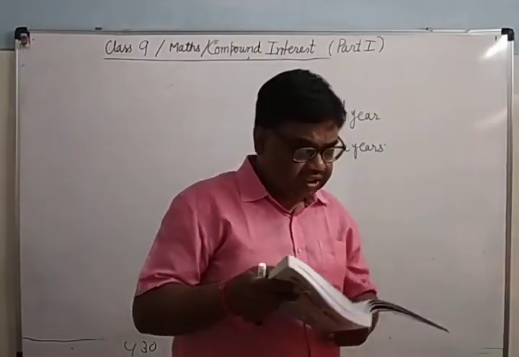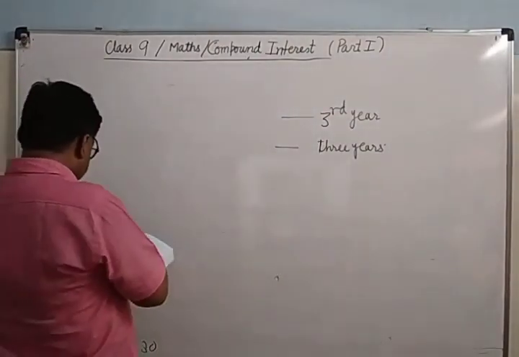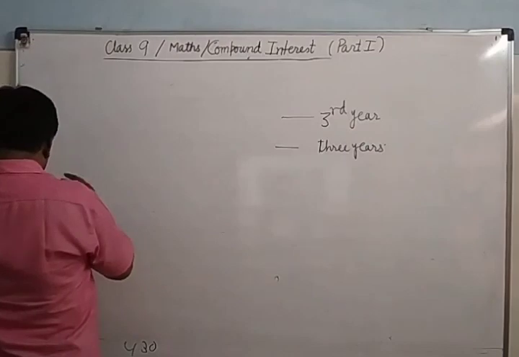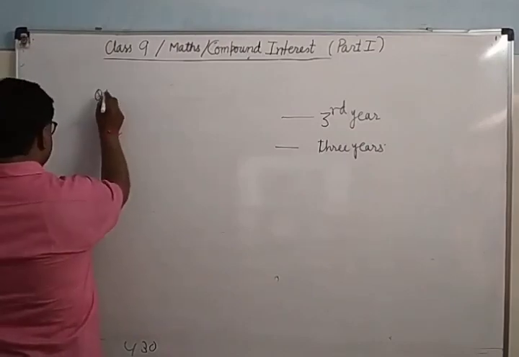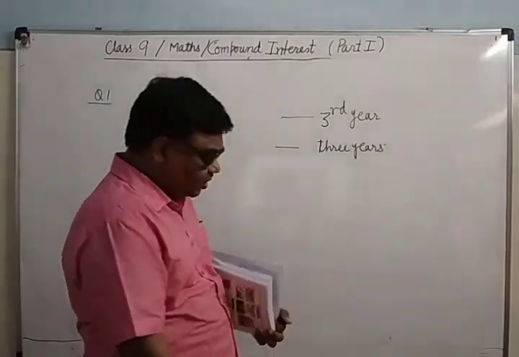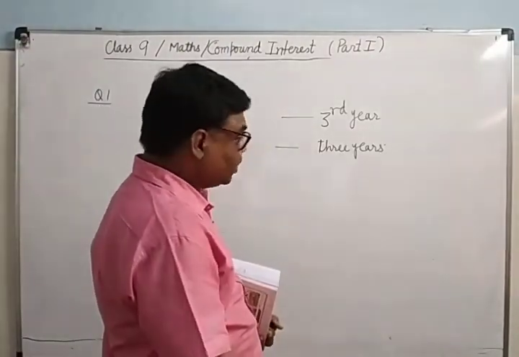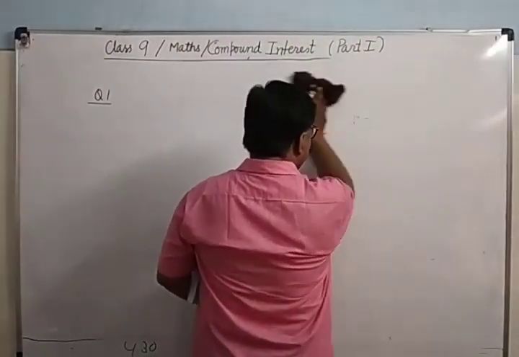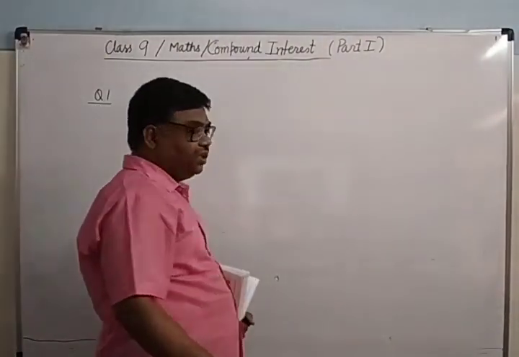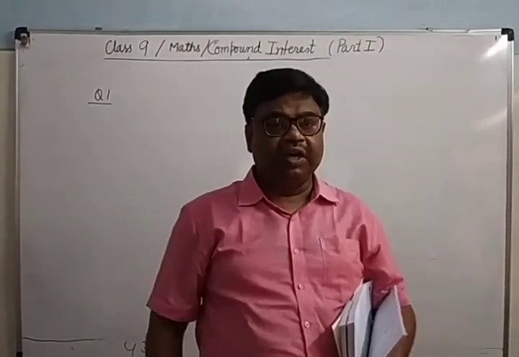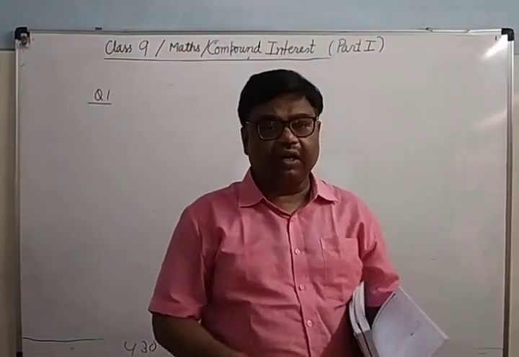So you can see here, first I will start from question number 1. Here, question number 1, there is no other formula. This is question number 1 of exercise 2.1. Since we have to calculate year by year using the formula of simple interest, the formula is the same, SI equals PRT upon 100.